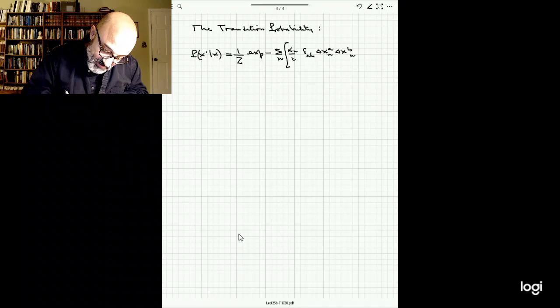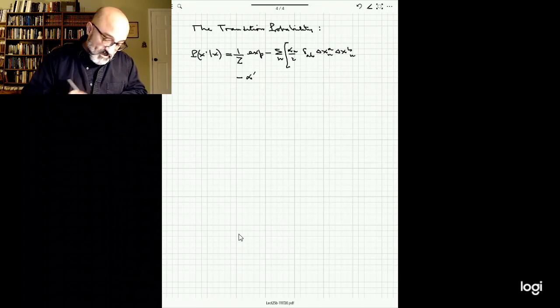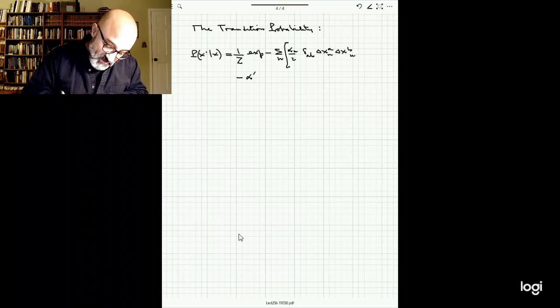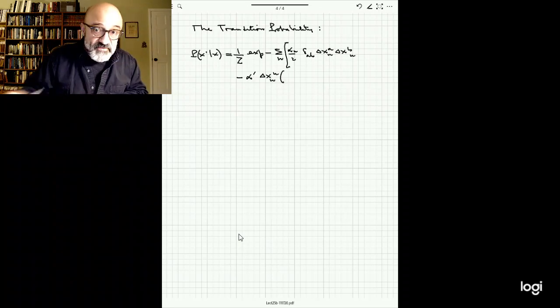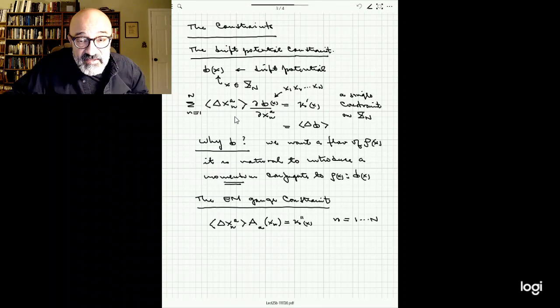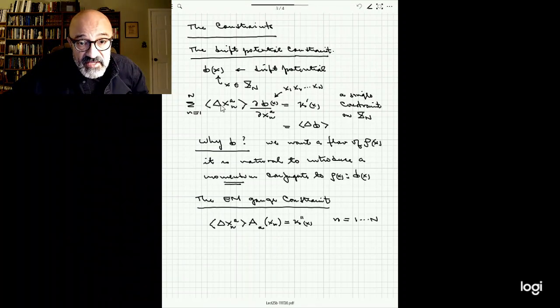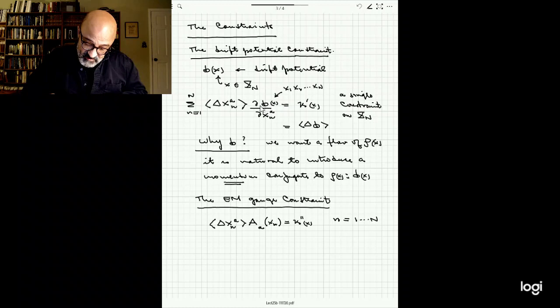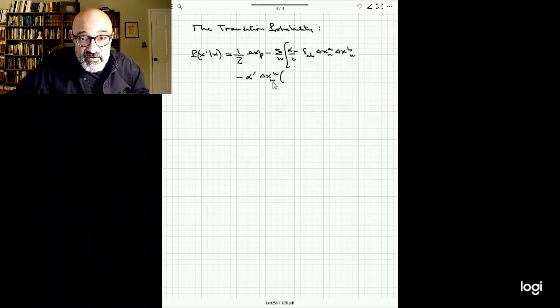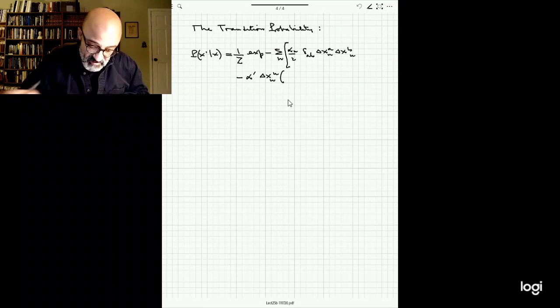Then there is minus a Lagrange multiplier that goes with the displacement n, and the first constraint there is a sum displacement gradient. So we have the sum displacement gradient.